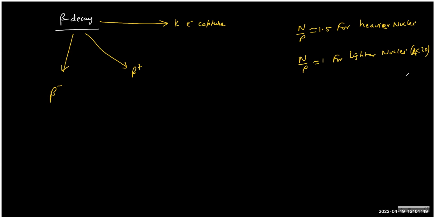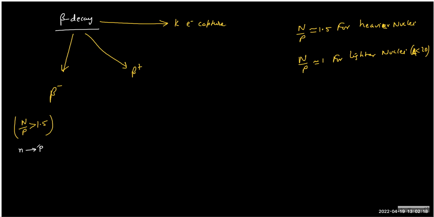But let's say if we have N by P ratio exceeding 1.5, now that's not a good sign. If this happens, then it will try to come back to the 1.5 value, and to achieve that, the numerator is neutron, so some of the neutrons will convert into protons.